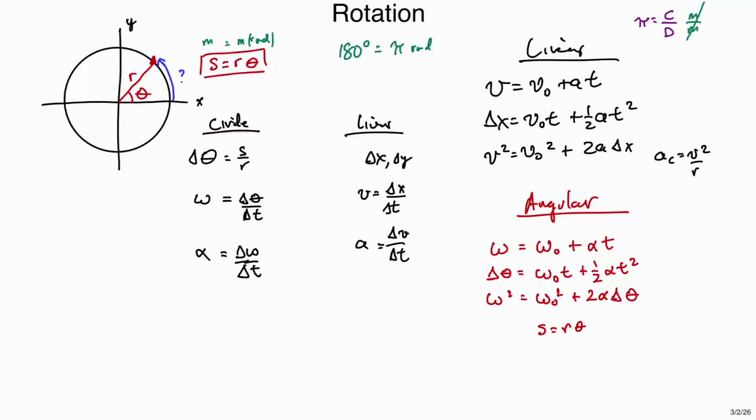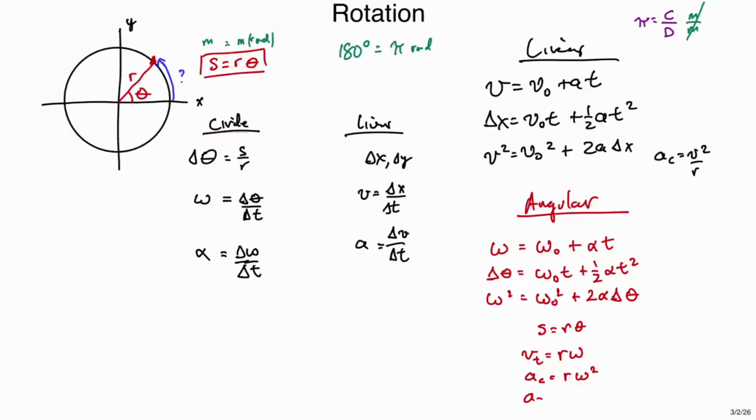So what are the Google Translate codes for getting between linear and angular terms? Velocity is equal to radius times angular velocity. Centripetal acceleration turns out to be r omega squared.